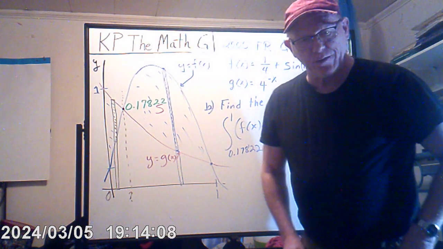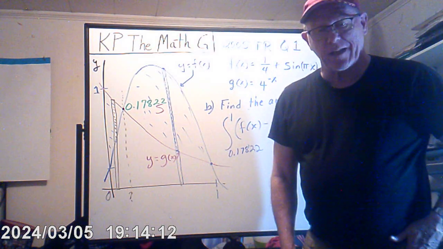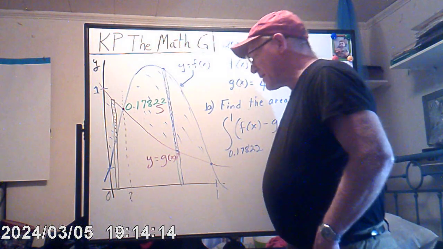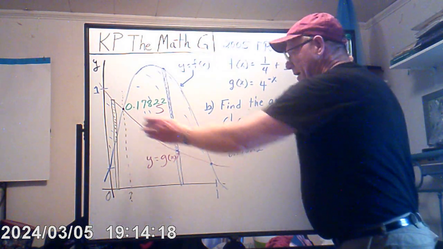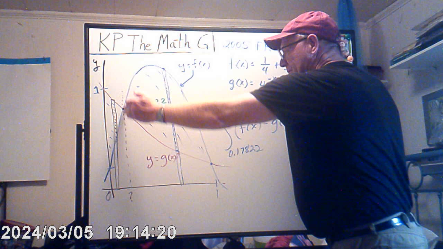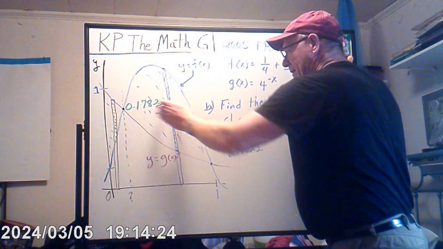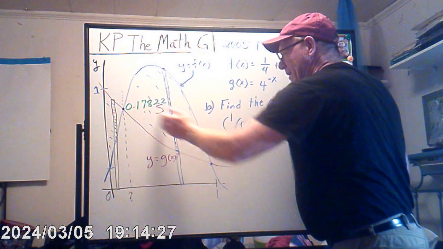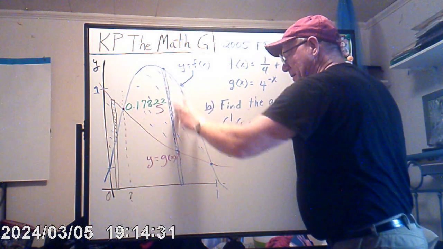You're not looking for the y value, you're looking at just the x value here. So from this point on this way, that integral interval can move no further than this point here. We're only looking at this area up in here.